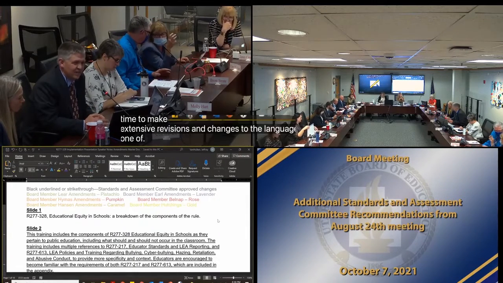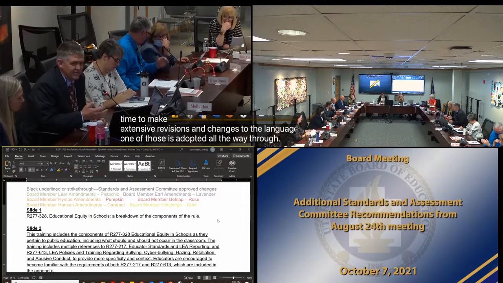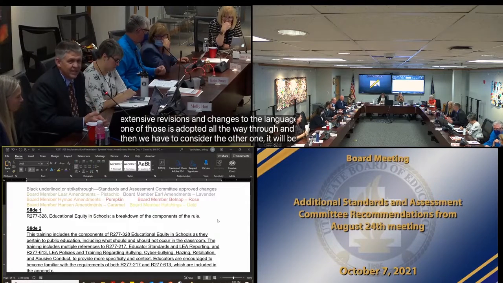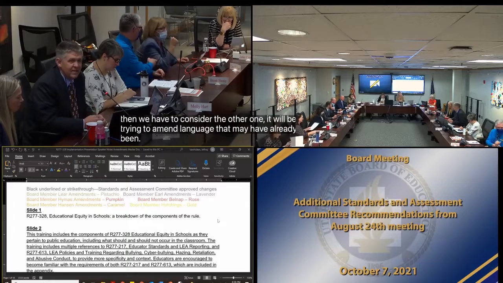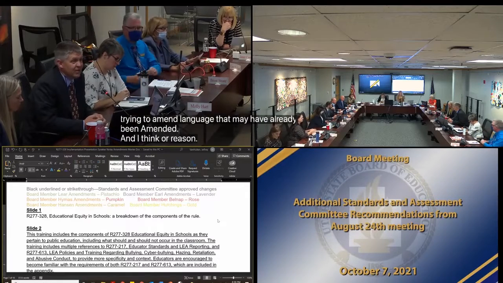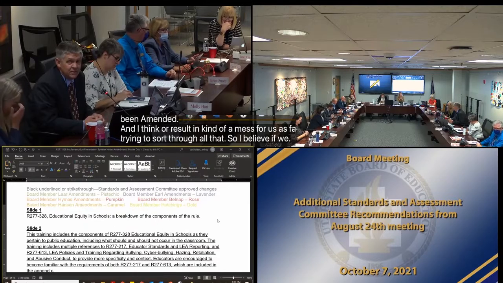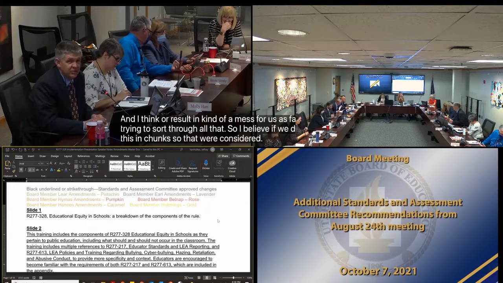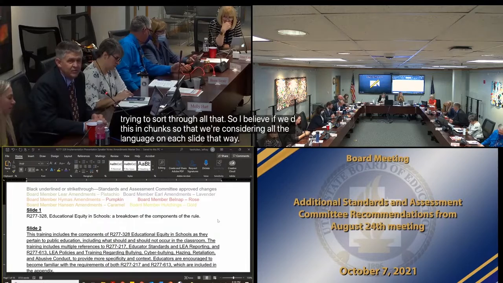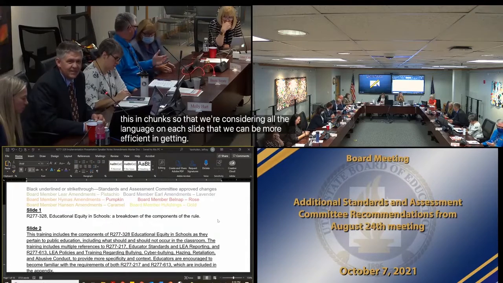If one of those is adopted all the way through and then we have to consider the other one, it will be trying to amend language that may have already been amended. And I think it will result in kind of a mess for us as far as trying to sort through all that. So I believe if we do this in chunks so that we're considering all the language on each slide, that we can be more efficient in getting to the end of this road.